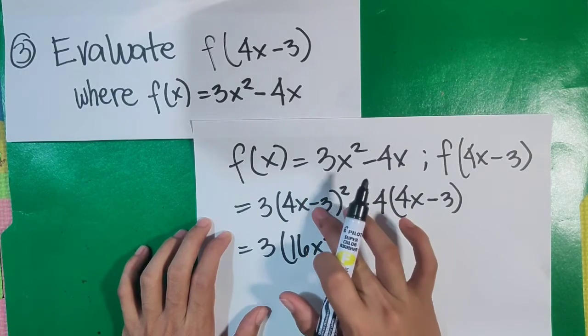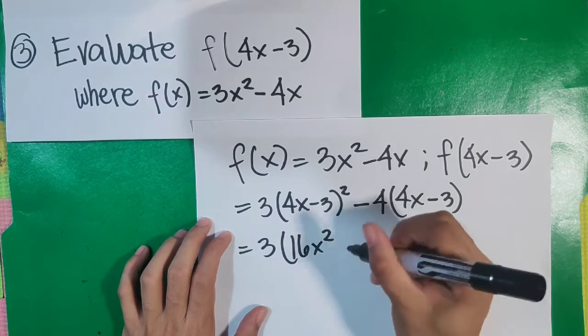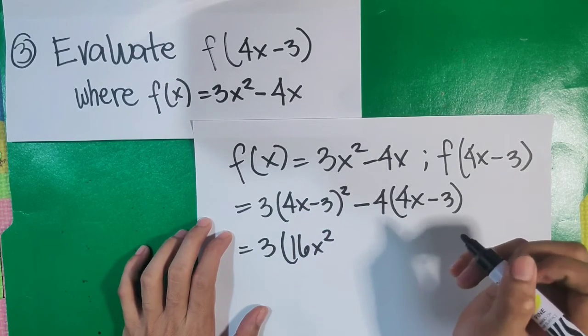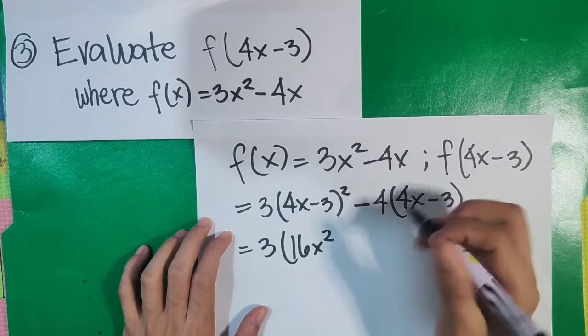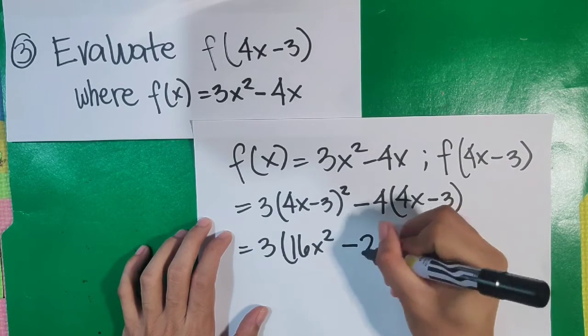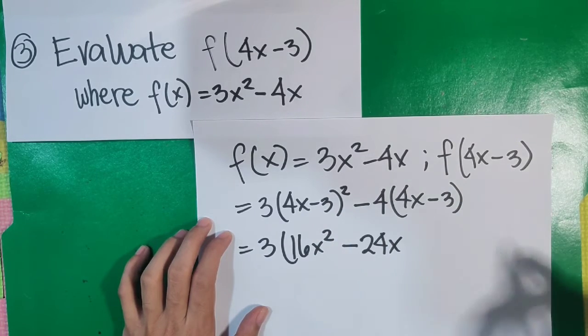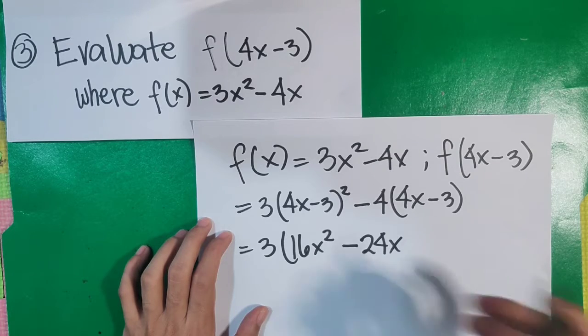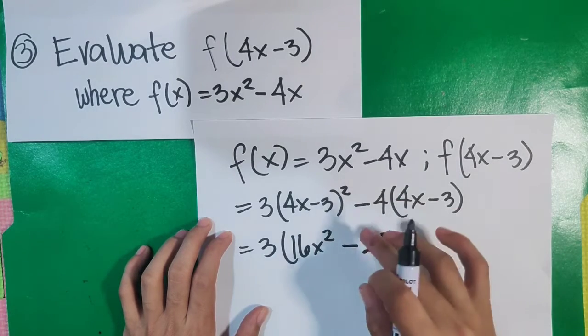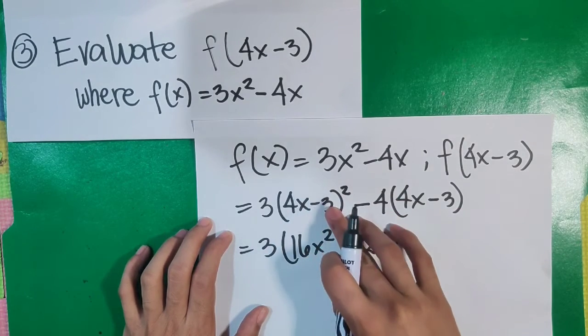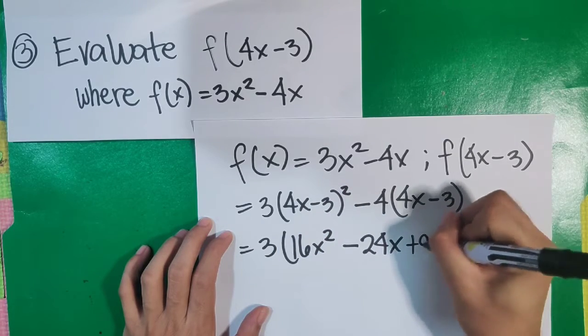So 4x times negative 3, we get negative 12x. So times 2, we get negative 24x. Lastly, to get the last term, we need to square the last term. So negative 3 squared, we get positive 9.